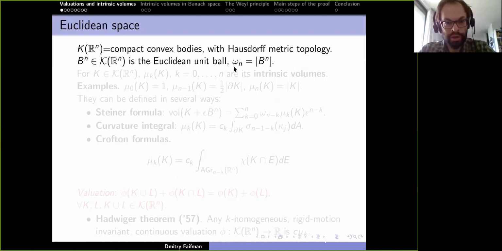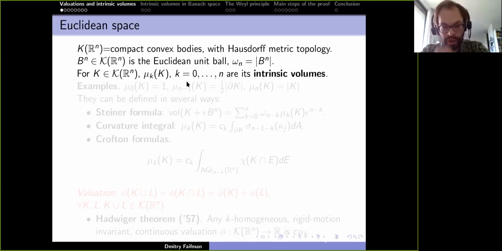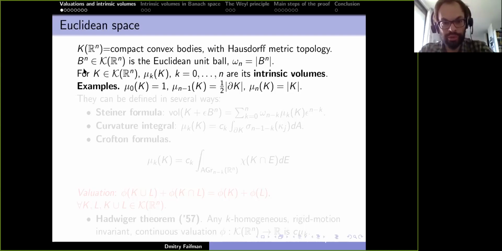So here come the main heroes of the story, the intrinsic volumes. Those are mu_k, functions of convex bodies. k ranges between 0 and n. What are they? Well, some of them you definitely know. The zeroth one is the constant one. The (n-1)st is the surface area up to a multiple, and the nth one is the volume.